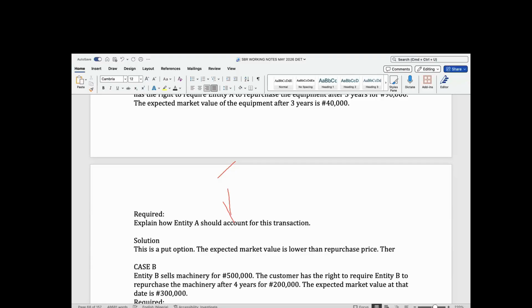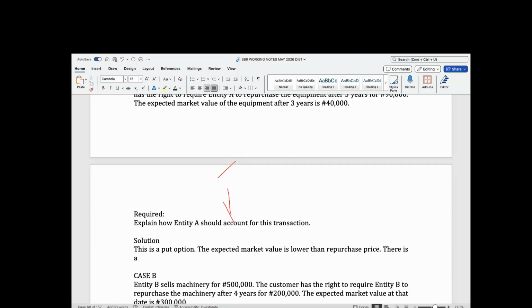So there is a significant incentive for the customer to sell the assets. He will sell it much higher than market, so he would jump at it here.